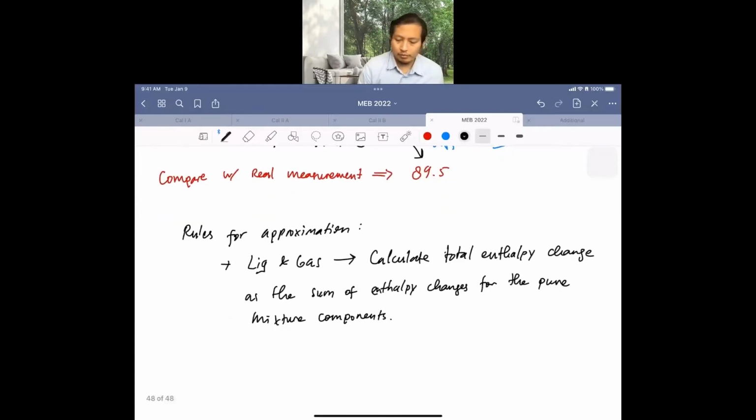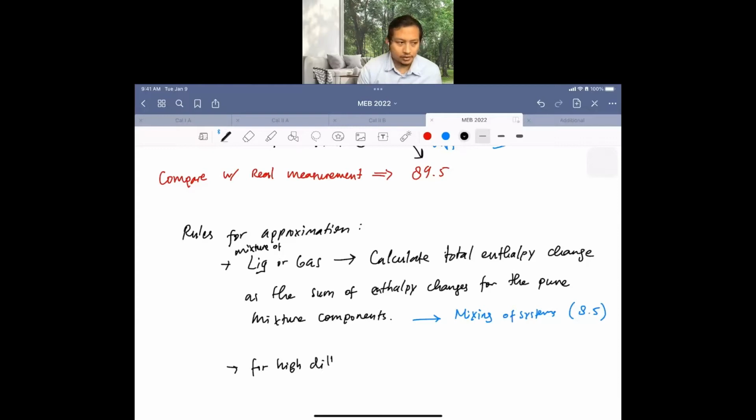Later we will discuss this, for mixing of system. This is 8.5. And this is for mixtures, so a mixture of liquid or gas.